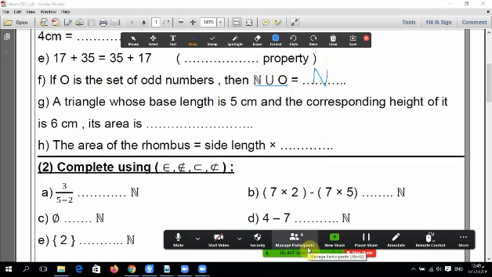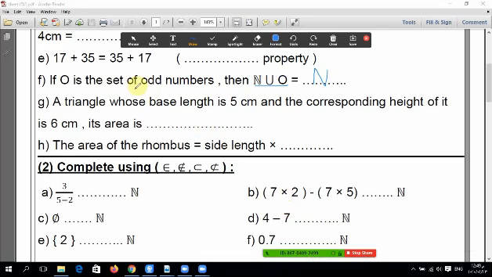A triangle whose base length is 5 centimeters and the corresponding height is 6 centimeters, what is its area? Adham?